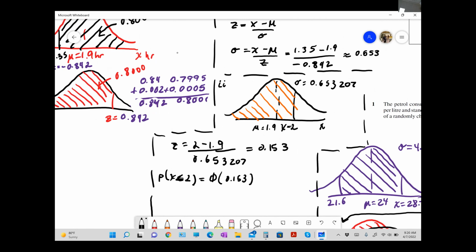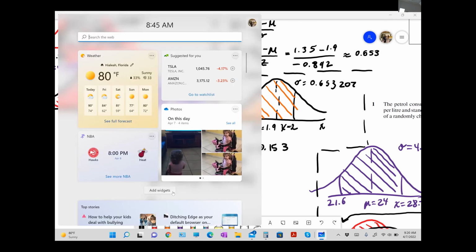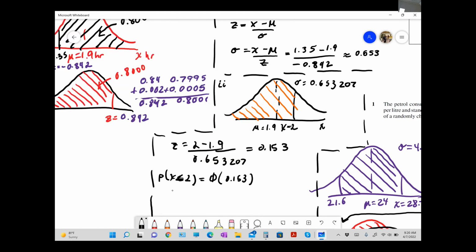Then you just go to your table and look up 0.153. So a z-score of 0.15 gives you 0.5596, but we want 0.153.